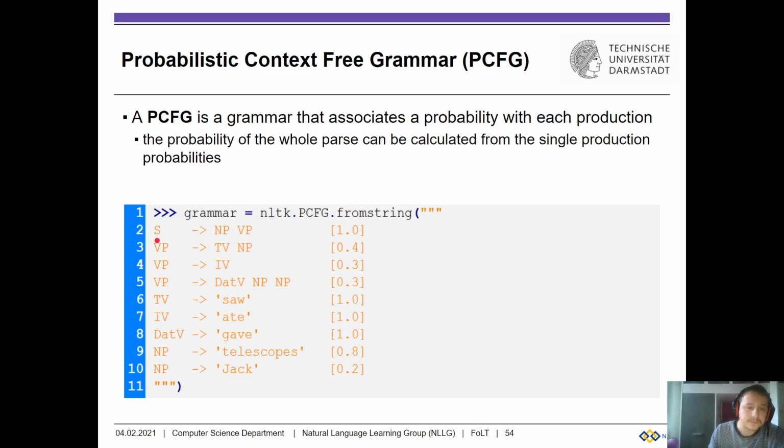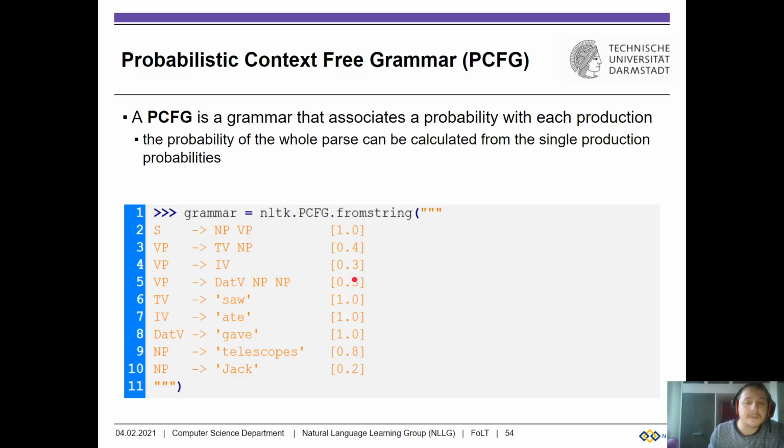So for example, that a verb phrase becomes a transitive verb or a noun phrase, the probability is 0.4. That a verb phrase expands to an intransitive verb, the probability is 0.3. And that a verb phrase expands to another subcategory of verb and a noun phrase, the probability is again 0.3.